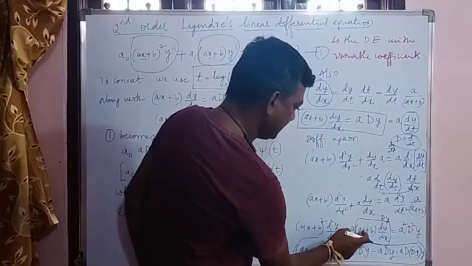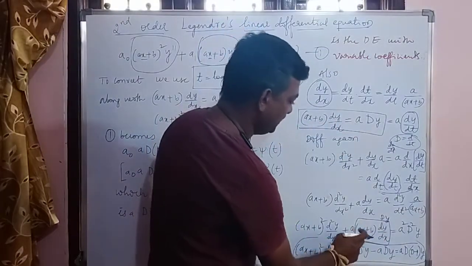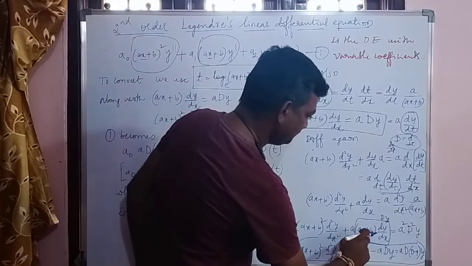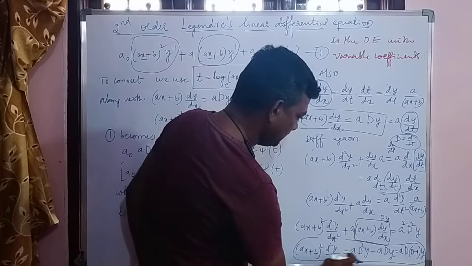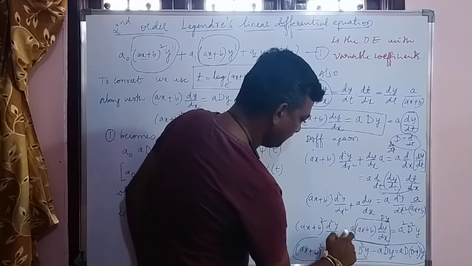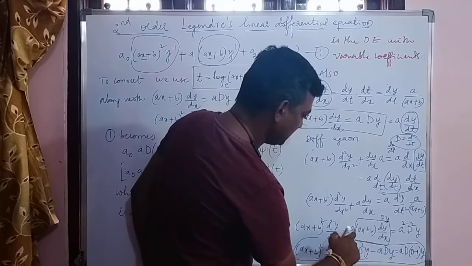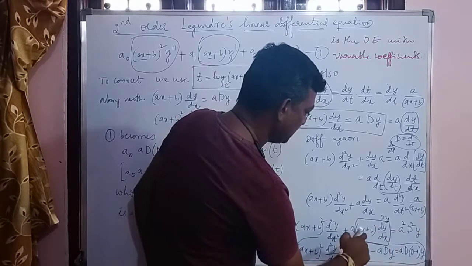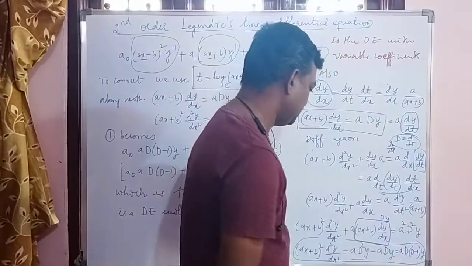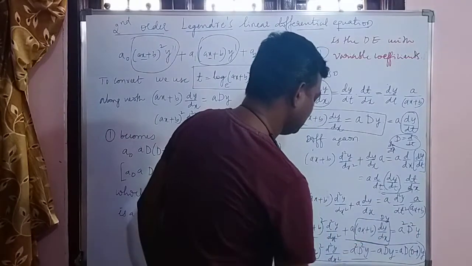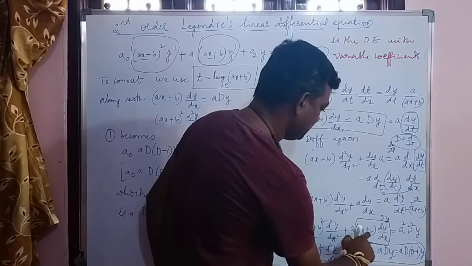Similarly, look here: (ax+b) into dy by dx is a D y. You transform this term to the right side. Keep the other term as it is: a square D square y minus a D y.